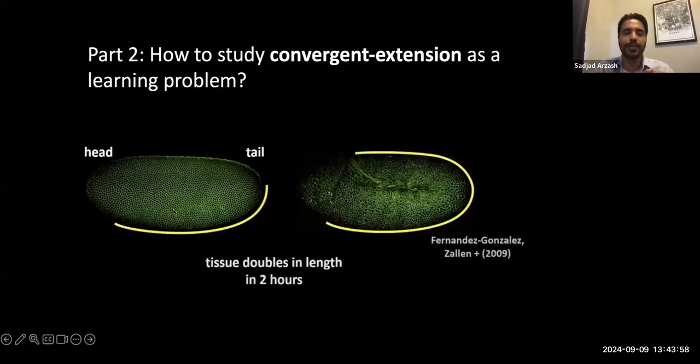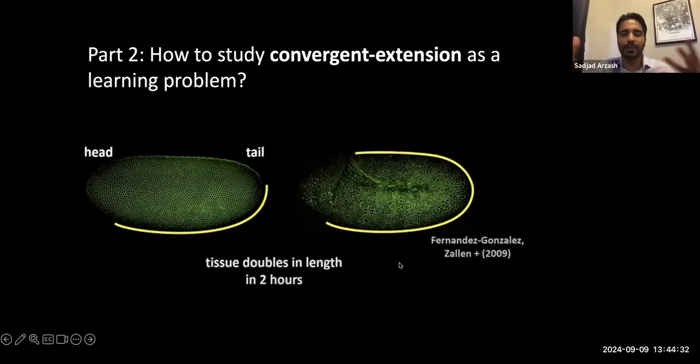So convergent extension here: I'm showing an embryo of Drosophila, head and tail, and you can see that after some time, this yellow line, a visual aid, shows that this tissue becomes elongated, almost twice its size, in this axis, and contracts in the y-axis on this page, and then folds over itself.